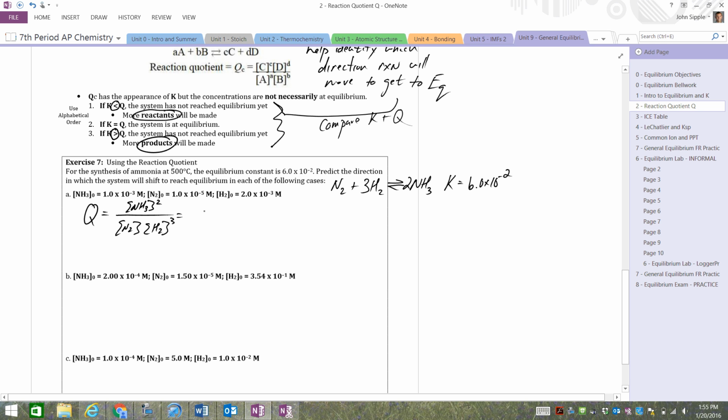Now I'm just going to plug the values in. So 1 times 10 to the minus 3 squared, over 1 times 10 to the minus 5 times 2 times 10 to the minus 3 cubed.